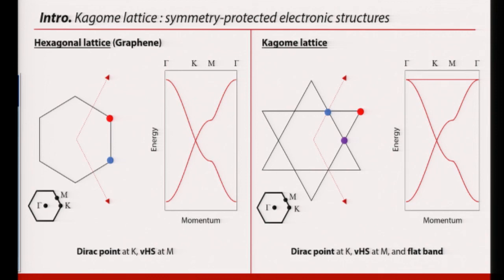So if we look at the correspondence between real space and momentum space, we see 2 atoms in the unit cell, 2 bands in the band structure, and in particular, one of the defining characteristics of the hexagonal lattice is that you have a linear dispersion, so massless Dirac fermions at the K point, and a Van Hove singularity, an inflection point at the M point. This is very well known, and especially here at Harvard, this system has been studied very extensively, and you all understand very well the band structure of this material.